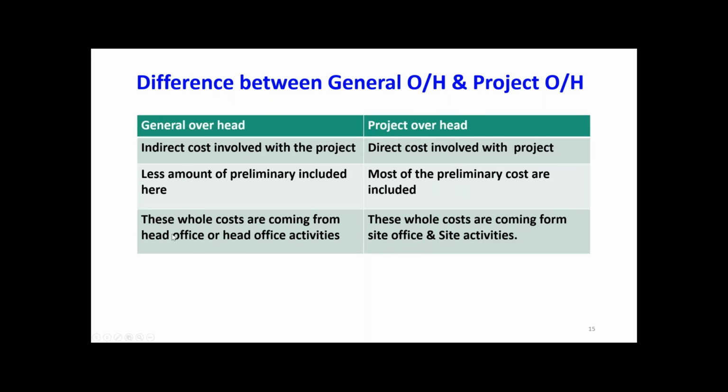And if you look at the general overhead or head office overhead, all the cost is coming from the head office activity, whereas the project overhead or site office overhead costs are coming from the site activities. So these are the key difference.